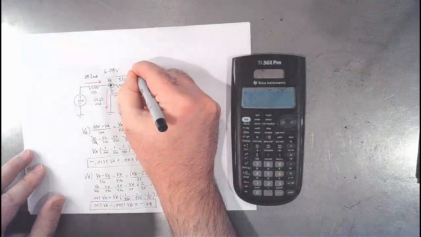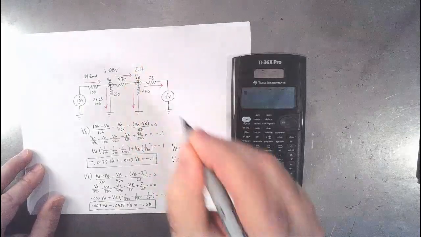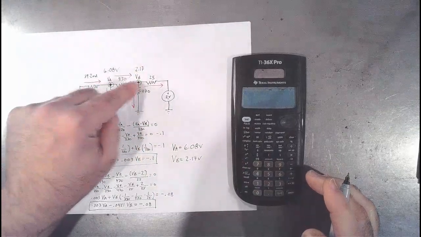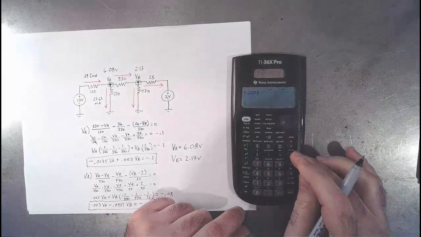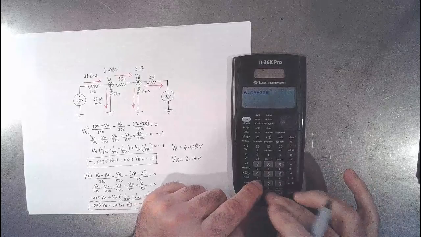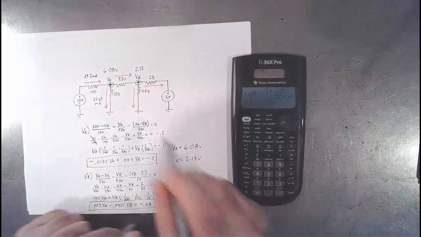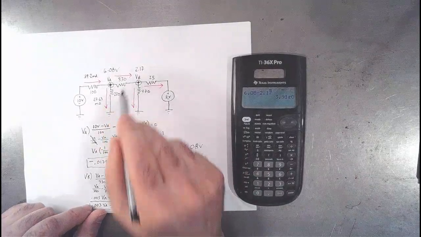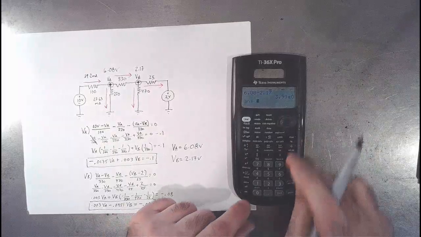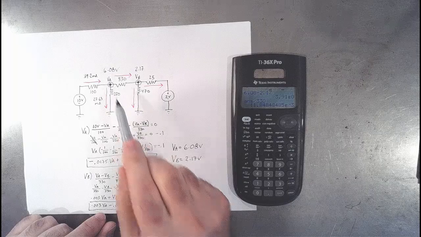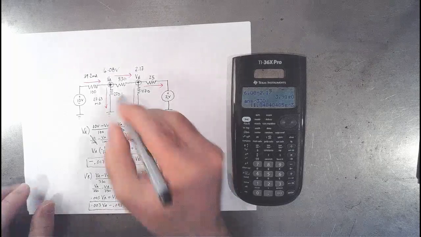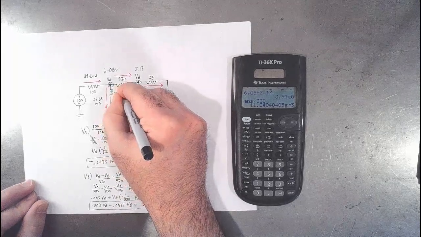So the difference in voltage across the 330 is 6.08 volts minus 2.17 volts. So there's 3.91 volts across the 330 ohm resistor. And so 3.91 divided by 330 is 11.84 milliamps.